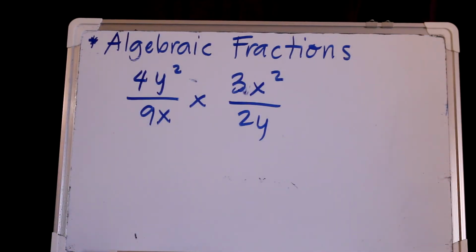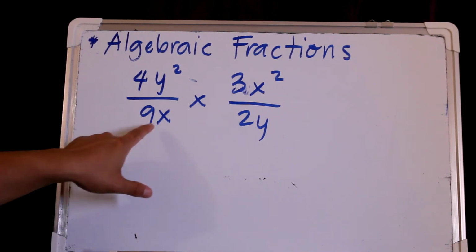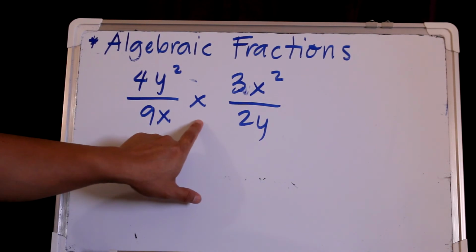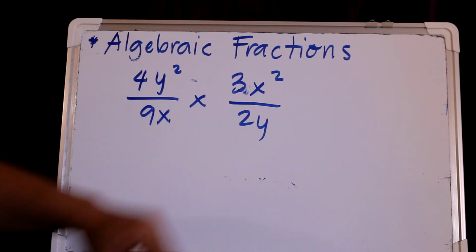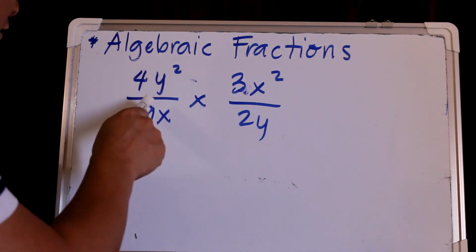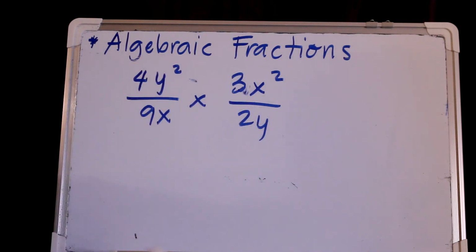Okay, so what if we're given this? You have 4y squared divided by 9x multiplied by 3x squared divided by 2y. Since this is multiplication, we can cancel out the coefficients and also the powers.